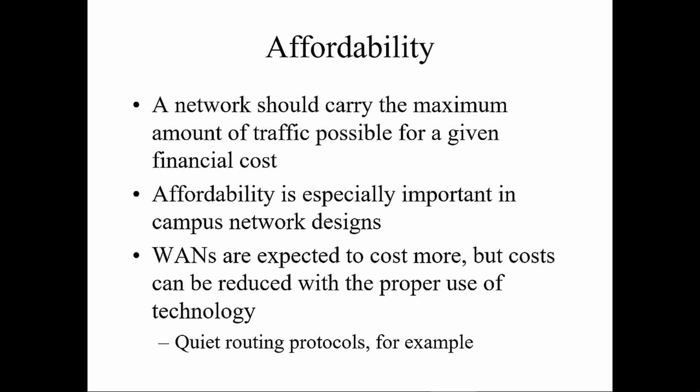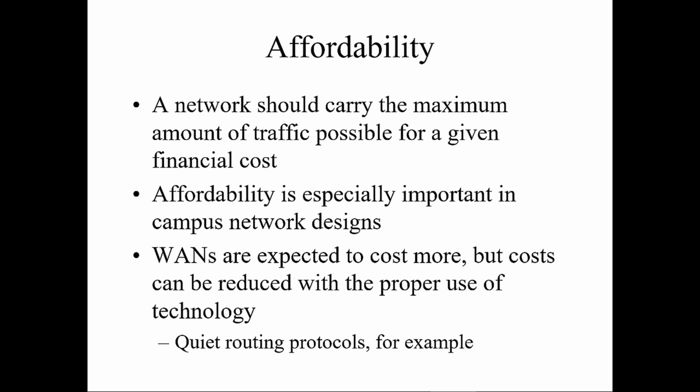Affordability. The network should carry the maximum amount of traffic possible for a given financial cost. All of this equipment is going to cost something. So we have to have the appropriate type of design where we're going to have the most bandwidth, most resource availability, most things for our money.